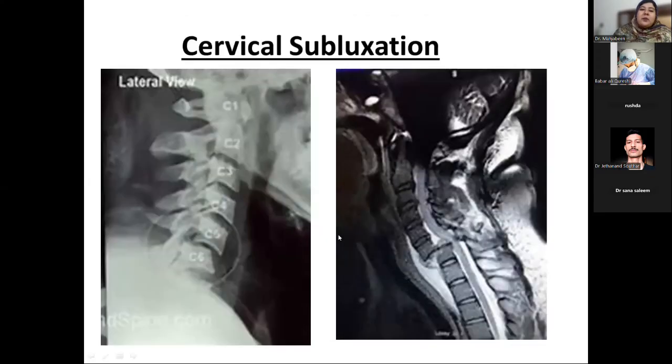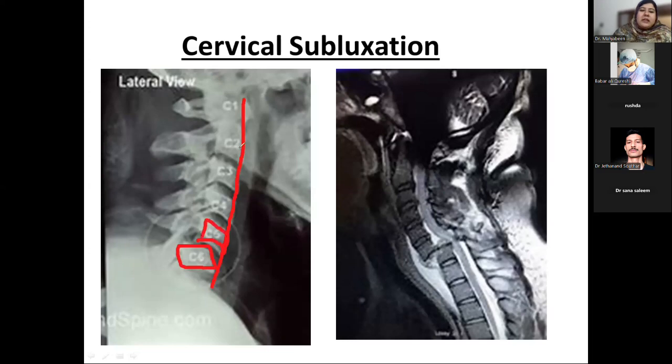So why are they important? Because see here, there is loss of alignment of that line. I pray कि मेरी line सीधी बने. Okay, that's good. So see this vertebral body. This is something very off center, and this is coming anteriorly.